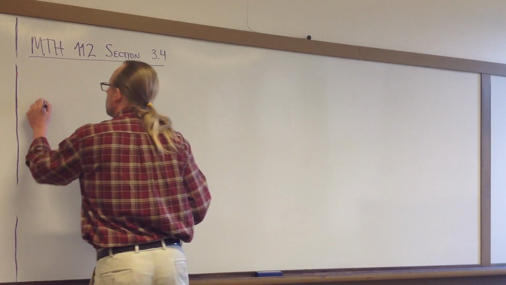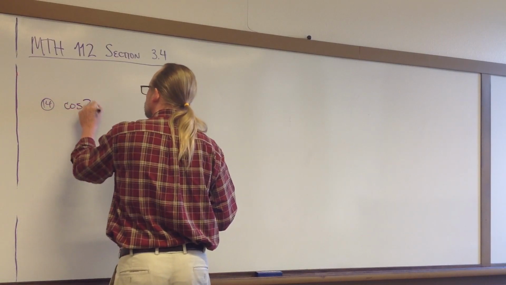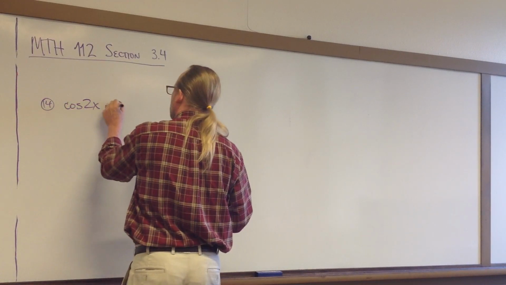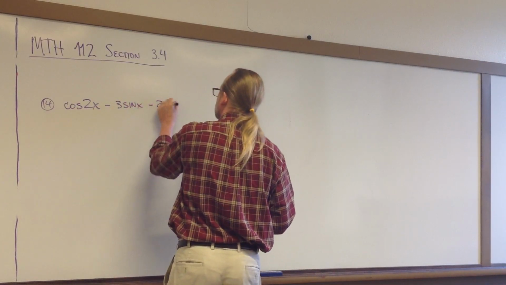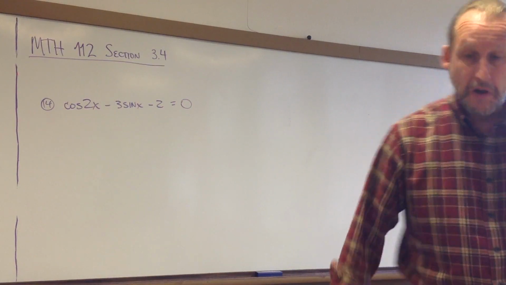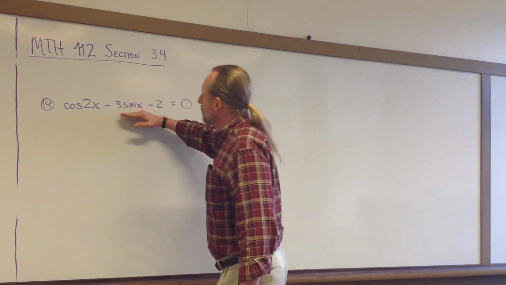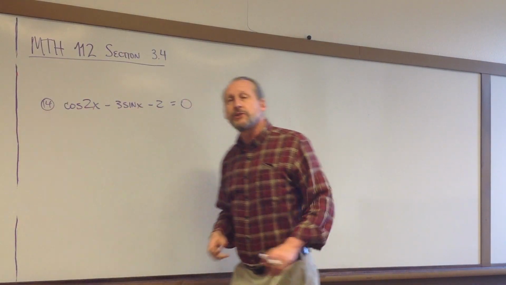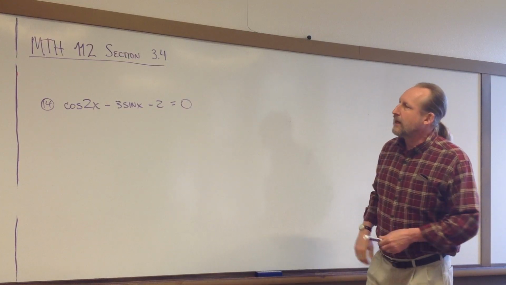Problem 14, we've got cosine 2x minus 3 sine x minus 2 equals 0. Again, you can see we've got the sine here, so we want an identity for cosine 2x that involves the sine function. Now, we've got our choice.